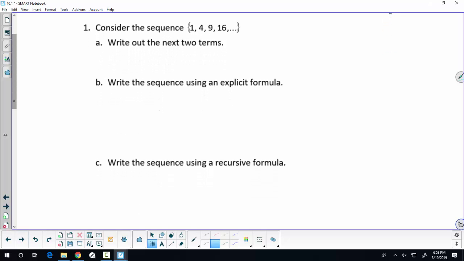So the sequence 1, 4, 9, 16, et cetera, write out the next 2 terms. So the next 2 terms would be what? 25, 36. Okay, 25 and 36. What's the explicit formula for that sequence?